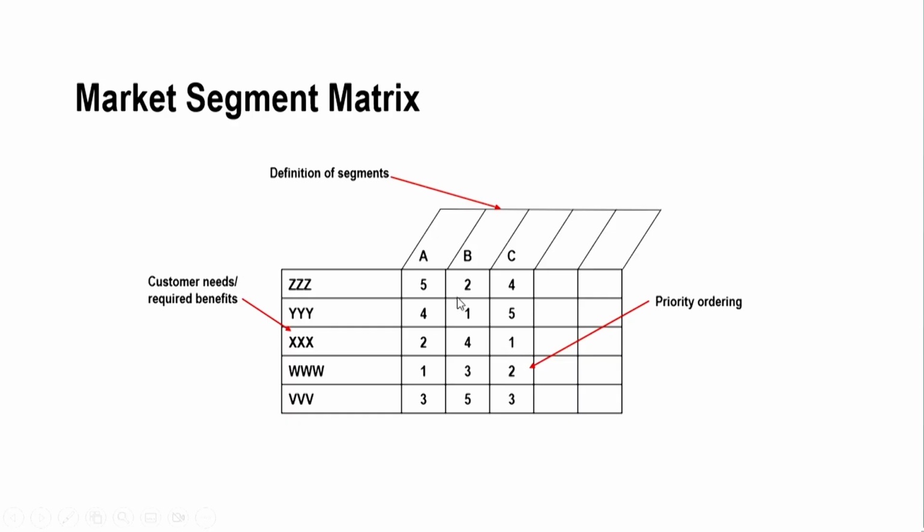So, we can order these different segments that emerge from this kind of structuring, and we can prioritize them as 1, 2, 3, 4, 5 and so on. And this will give us some kind of order of target setting as well as segmentation clusters.